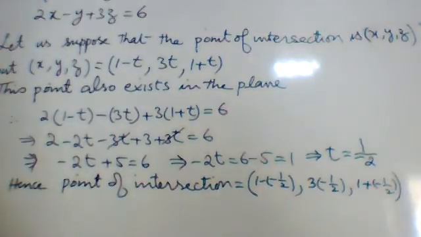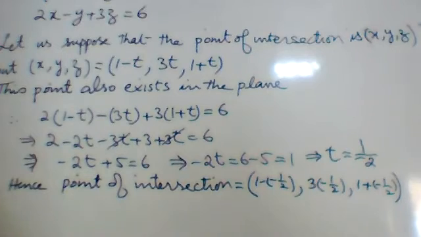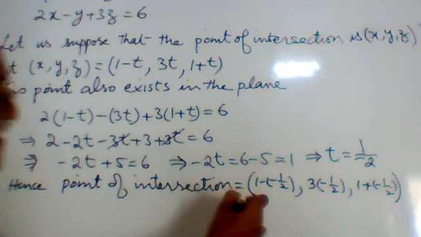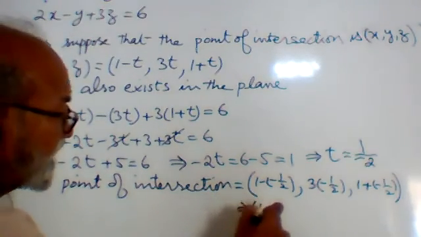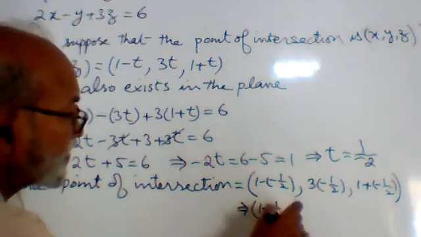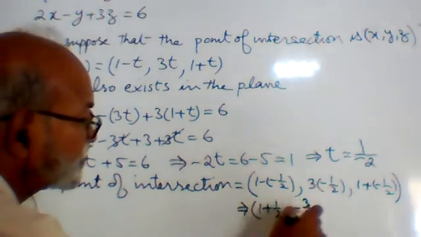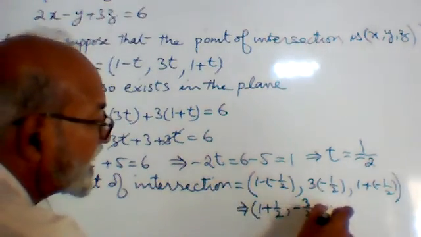Simplify this one. It will become 1 plus 1 over 2, minus 3 over 2, 1 minus 1 over 2.